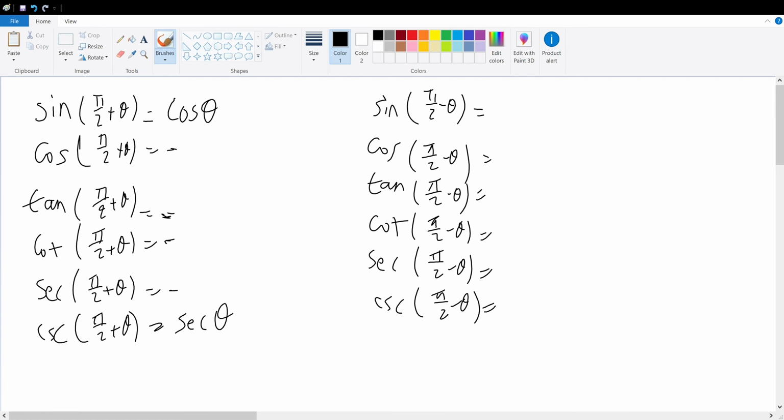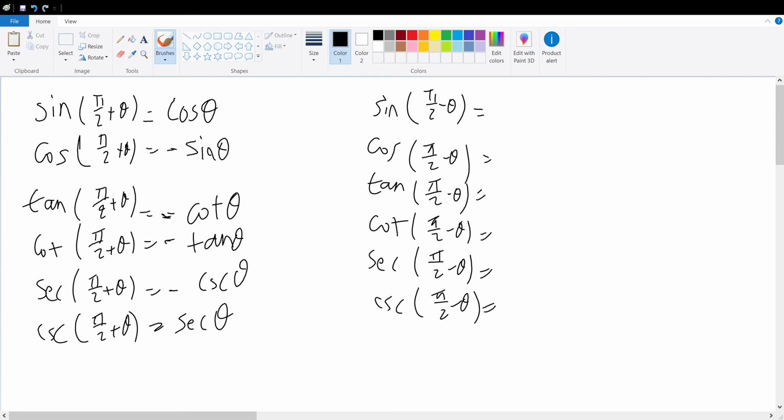And likewise for the sine and cosecant, we must find the co of each. The co of cosine is just sine of theta. The co of tangent will be the cotangent function. The co of cotangent will be the tangent function. And the co of secant will be cosecant.